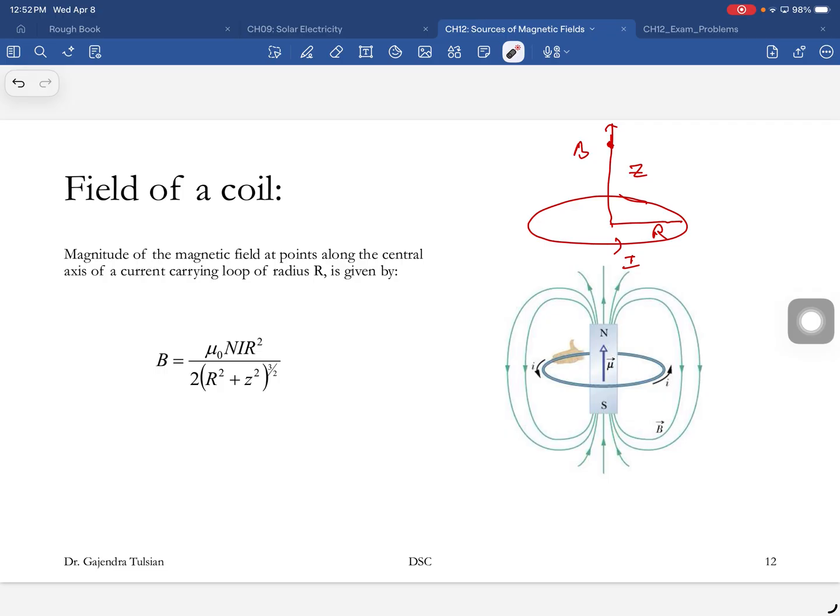Okay? So the field at this axial point is pointing in that direction, and that's the strength of the field. Mu naught times N, the number of turns of coil, I, the current, R is the radius of the coil, Z is this distance.